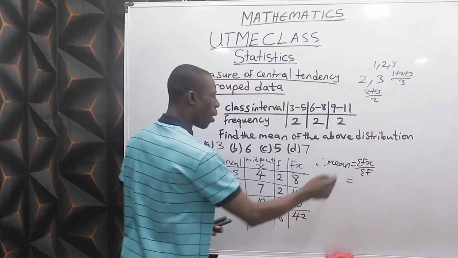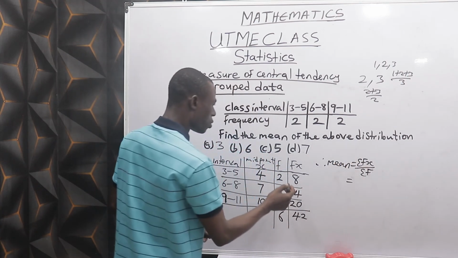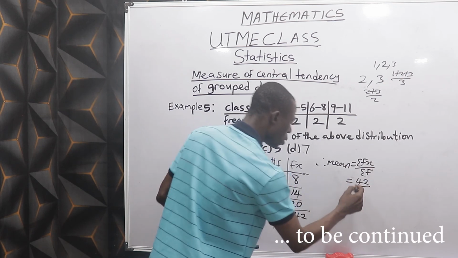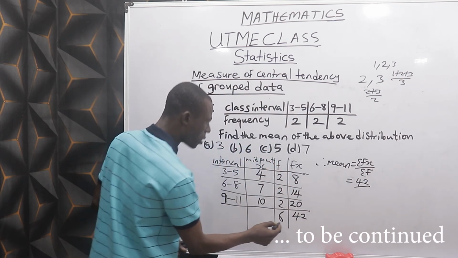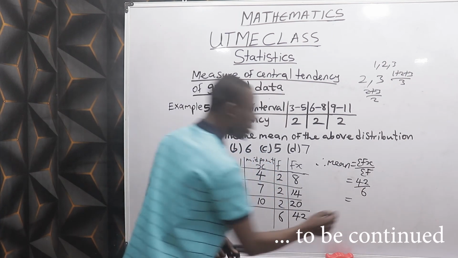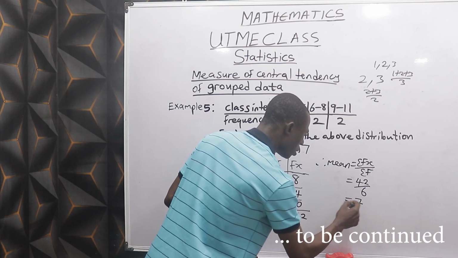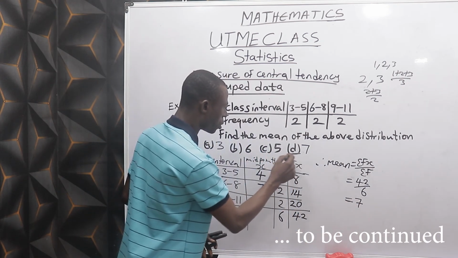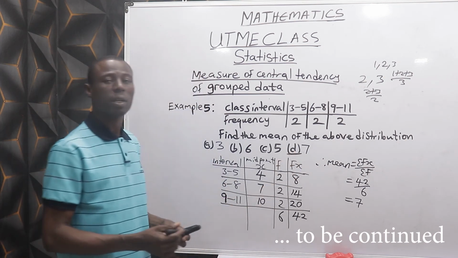Where our Fx summation is 42, then summation F is 6. 42 divided by 6, that is 7. And that tallies with option D. So that is our final answer.